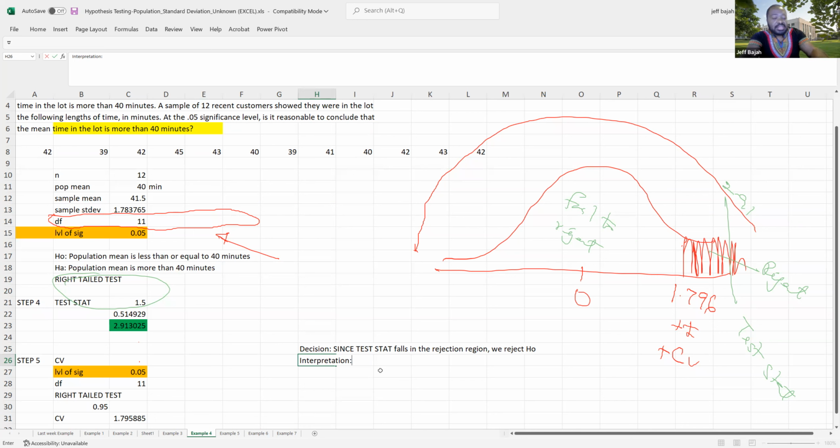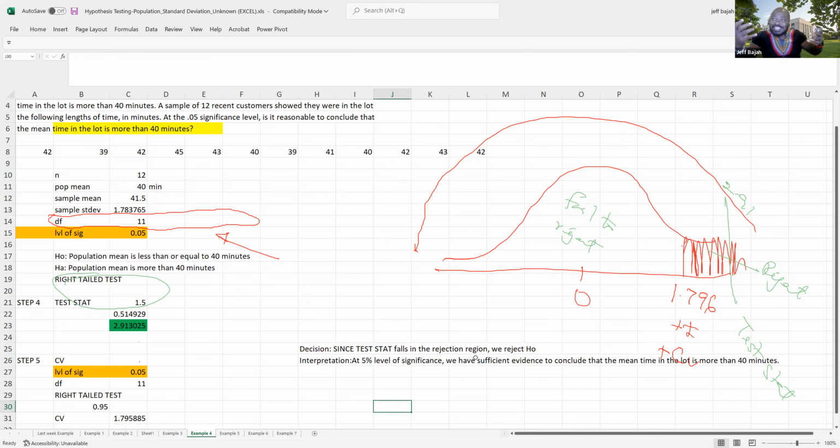So we can say that at the 5% level of significance, we have sufficient evidence to conclude that the mean time in the lot is more than 40 minutes, right?